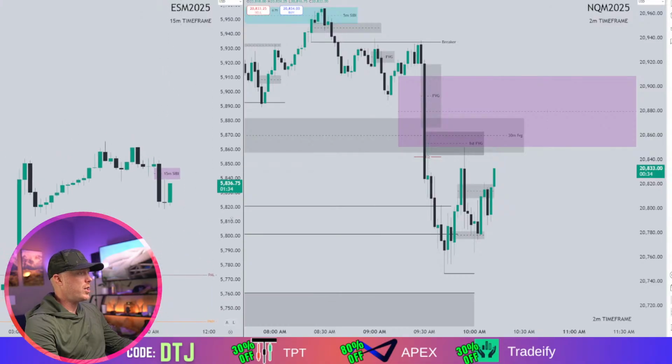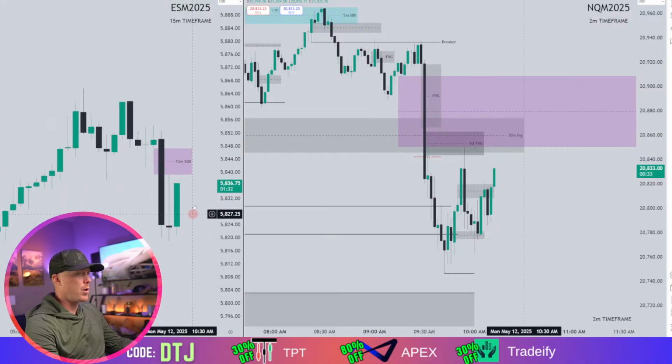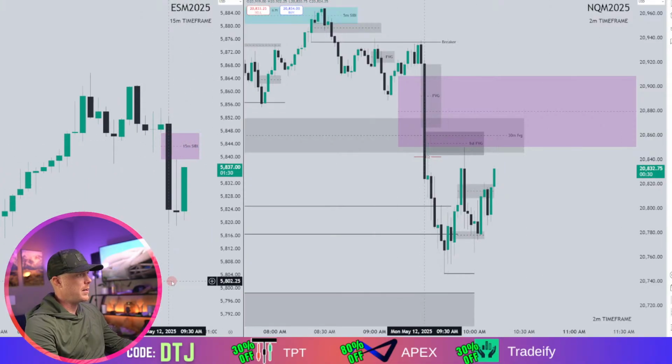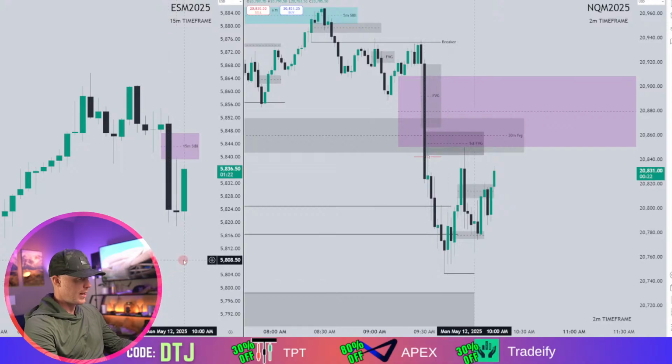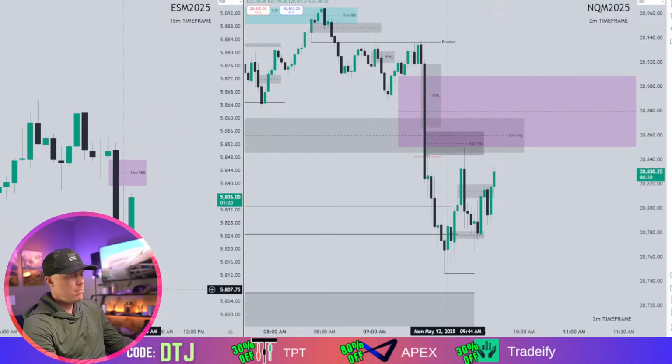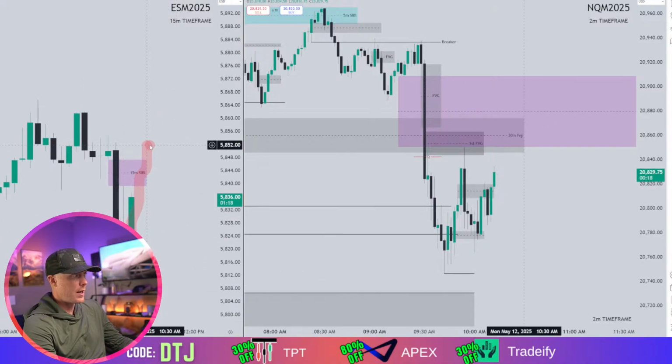We're also watching ES right here, and I have ES marked up for its 15-minute fair value gap as well. And maybe it's just going to blow right through that 15-minute fair value gap and go higher. But guess what? We just talked about it.